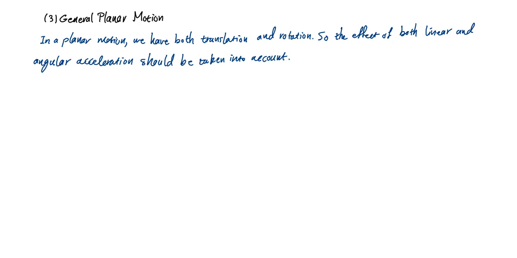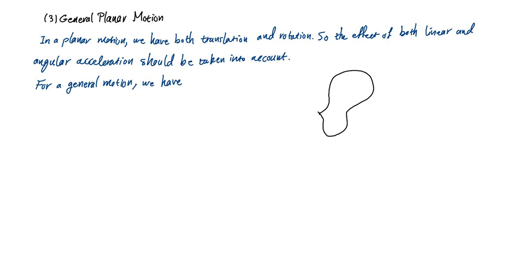Let me write it this way. For a general motion, we have, let me use a free body diagram here. Let's say this is my rigid body. It's a very ugly rigid body.